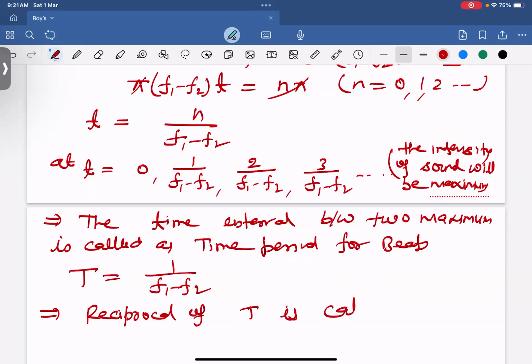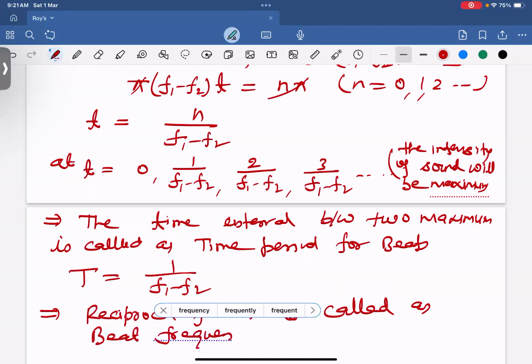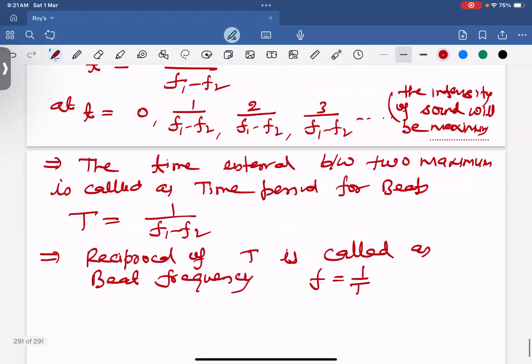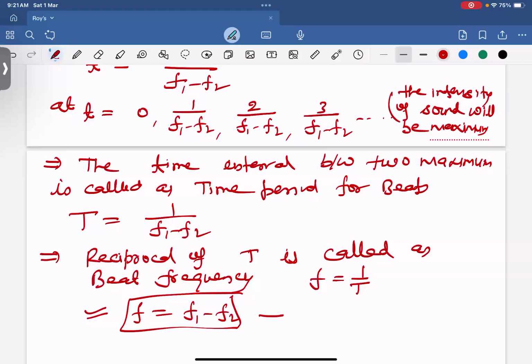Is called the beat frequency. That means beat frequency f will be equal to 1 by T. So 1 by T, मतलब this will be f1 minus f2. ये सबसे important part है. तो ये बीट फ्रीक्वेंसी का मतलब है कि एक सेकेंड में कितना बीट आपको सुनाई देगा.